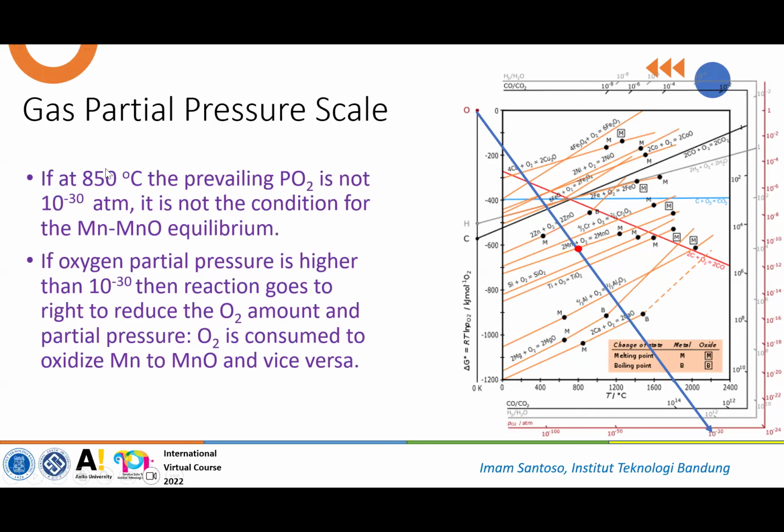However, if at this temperature the oxygen pressure is below minus 30, it means less oxidative, it means reductive, then reduction of MnO to Mn will happen. So this is the basic of the reduction process. How do you control oxygen so that it is below the oxygen pressure of the equilibrium between metal and metal oxide?